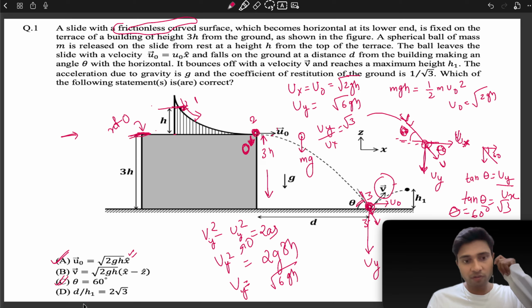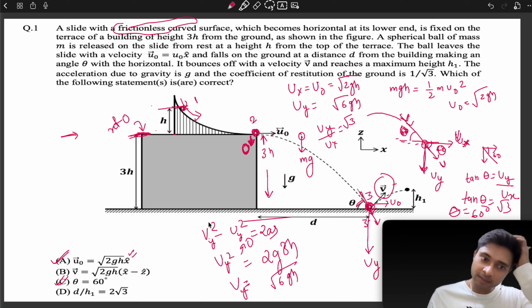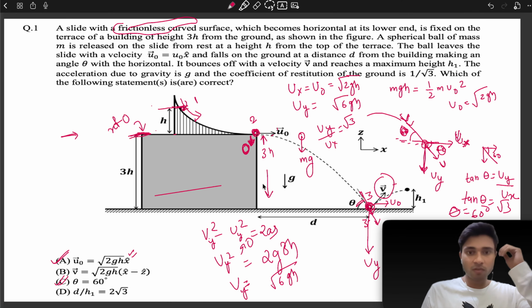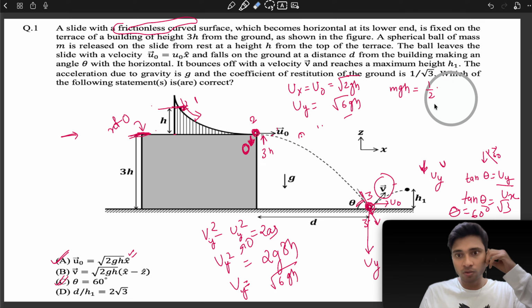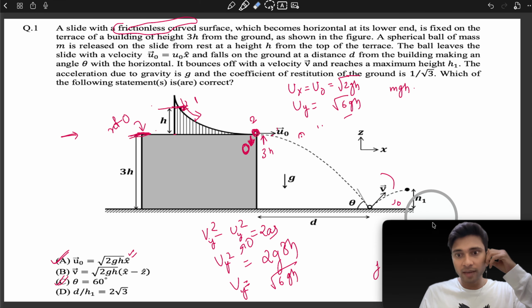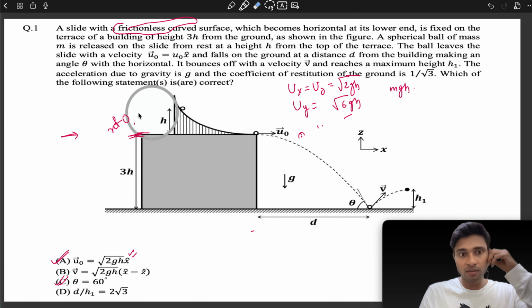Now we have to figure out D by H1. H1 is again after collision. So we have to now solve this. Let's see, I am just taking the result: vy is root 6 gh and ux is root 2 gh. So let's see what will happen after the collision.